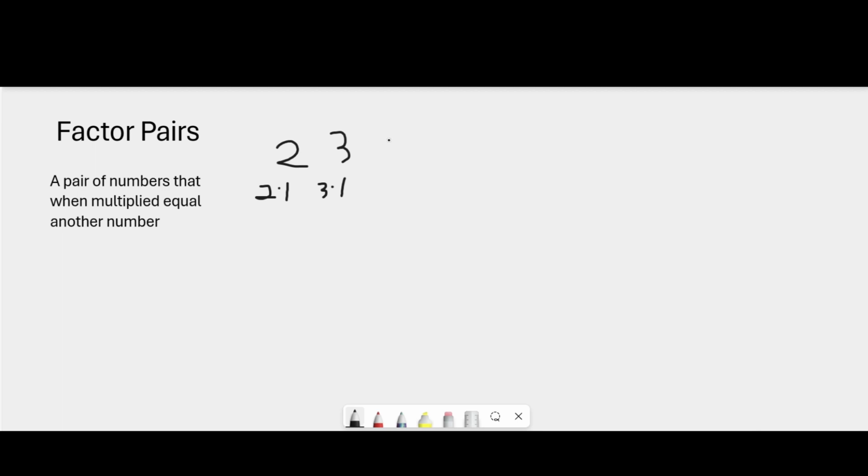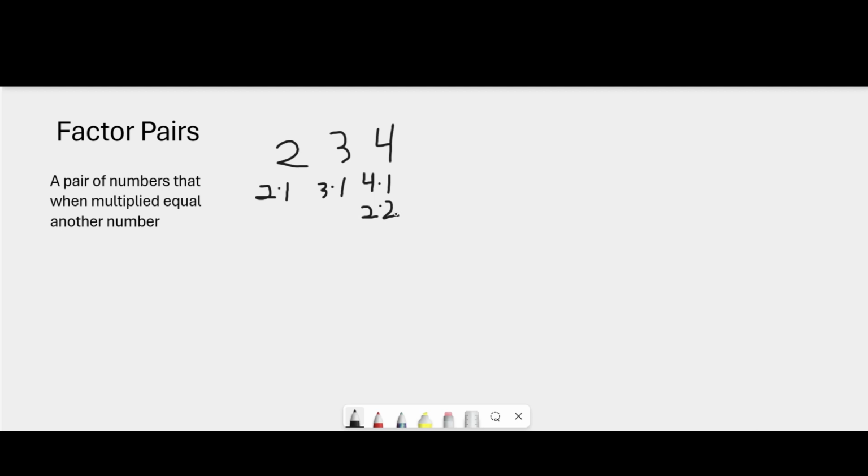But then you get into stuff like if we look at 4 here, we are going to have the same as the others, 4 and 1, but we're also going to have 2 and 2.